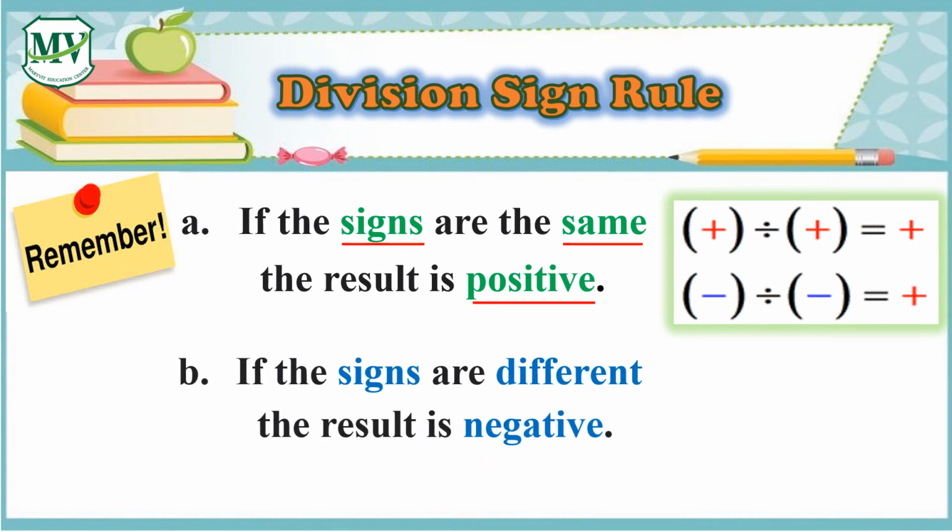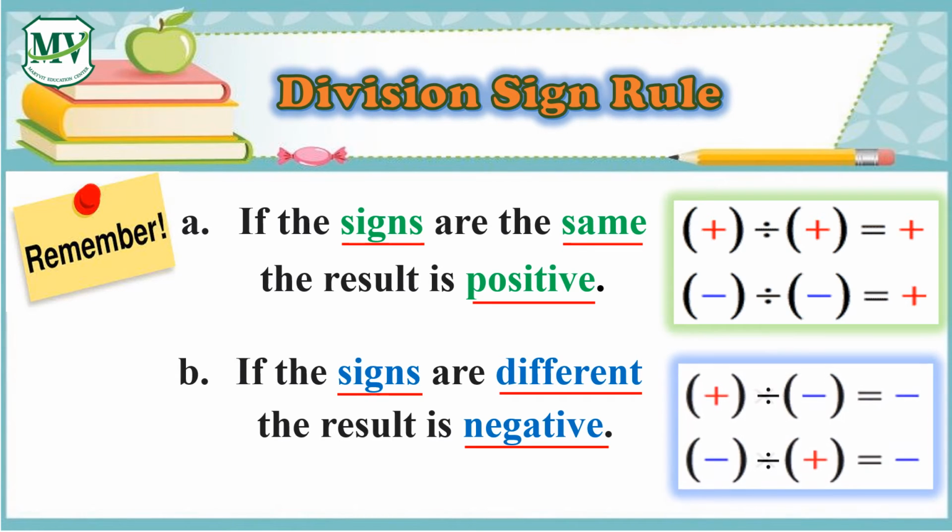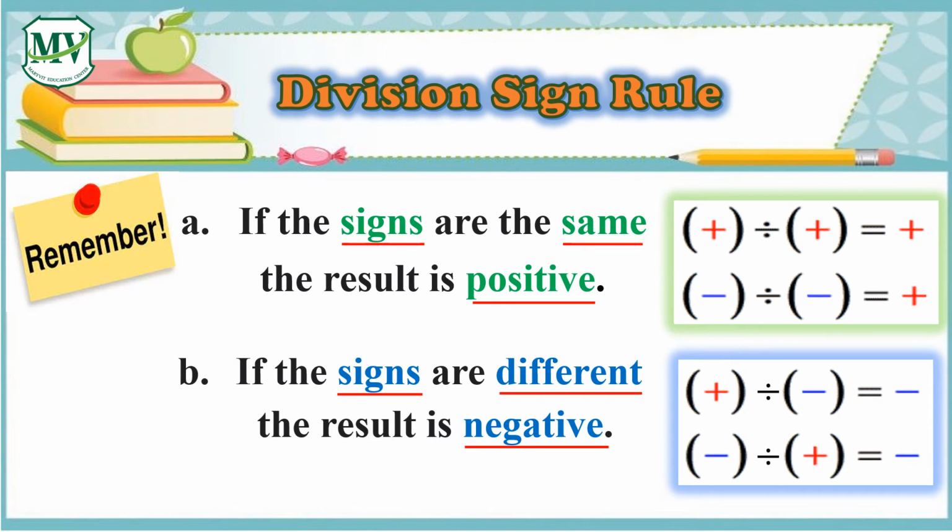Letter B. If the signs are different, the result is negative. That means positive divided by negative equals negative. Negative divided by positive equals negative. Do not forget this division sign rule.